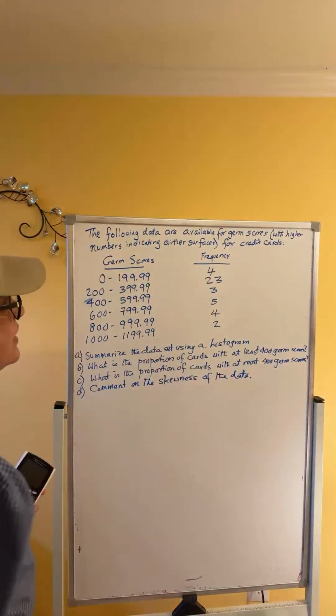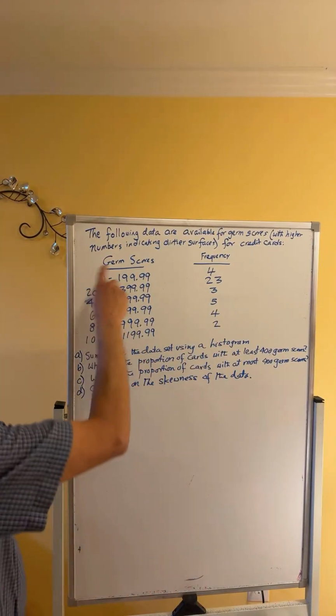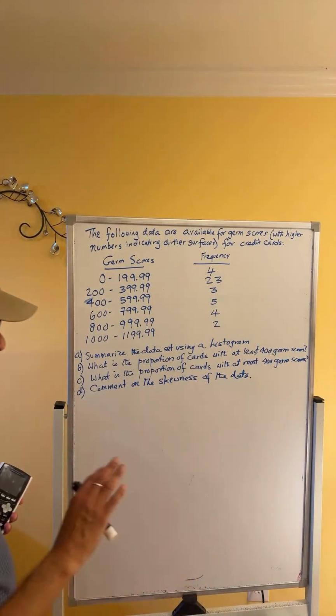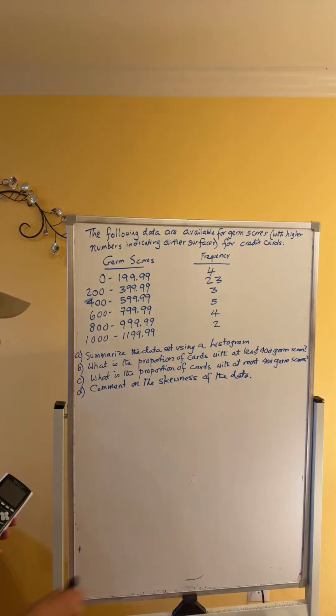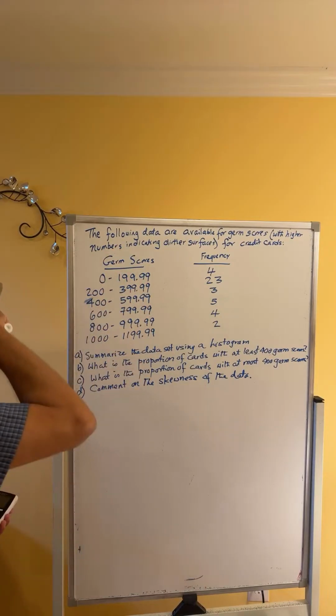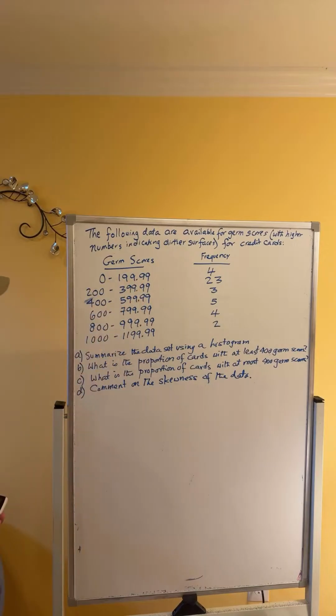The following data are available for germ scores, with higher numbers indicating dirtier surfaces for credit cards. So they measured the number of germs on credit card surfaces. You have germ scores in different groups. The first group is between 0 to 199.99.